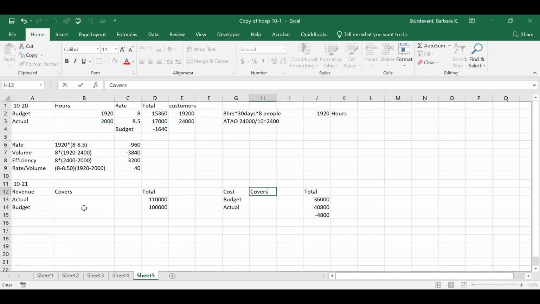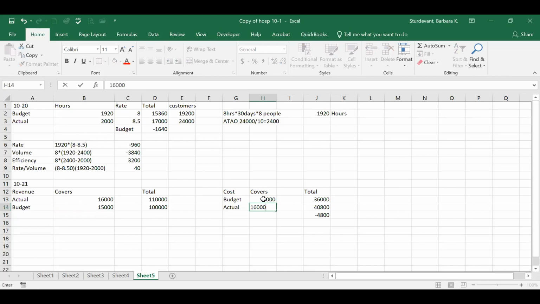Budgeted was 15. Actual was 16. Budgeted is 15. Actual is 16. Okay.